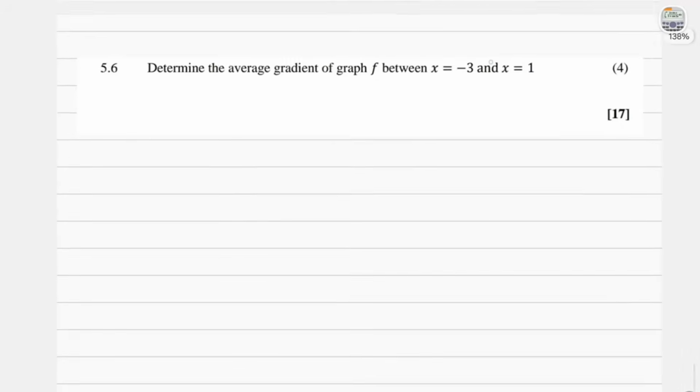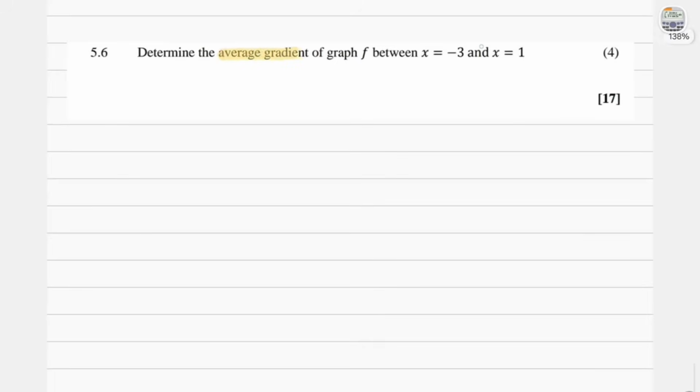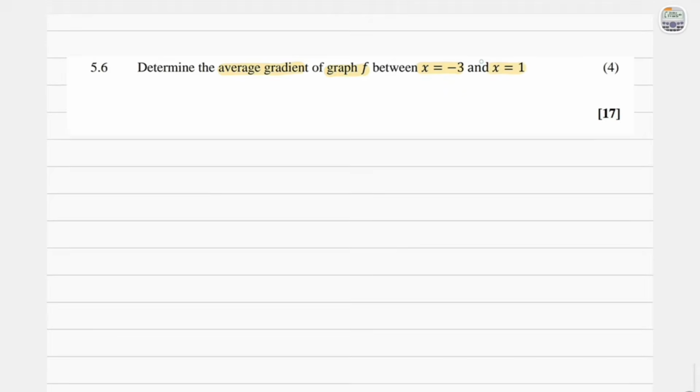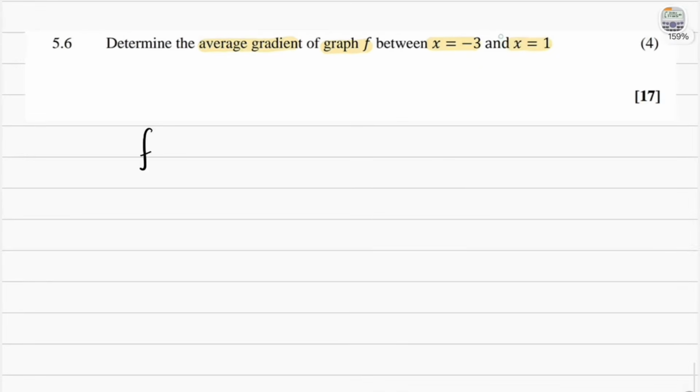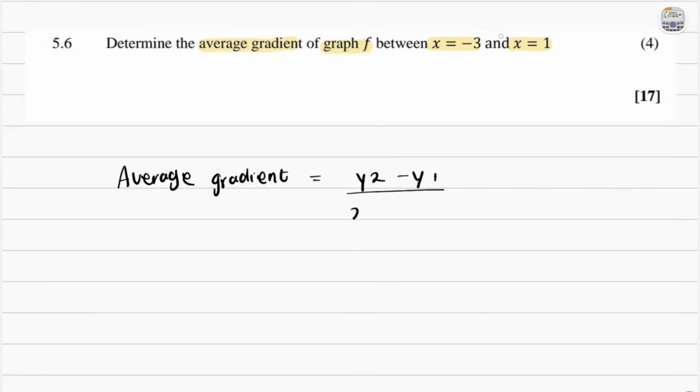Question 5.6 says, determine the average gradient of graph f between x is equal to negative 3 and x is equal to 1. Okay, so it's of graph f between 2 points. So to find the gradient, the average gradient, okay, can be found by simply just saying y2 minus y1 over x2 minus x1.